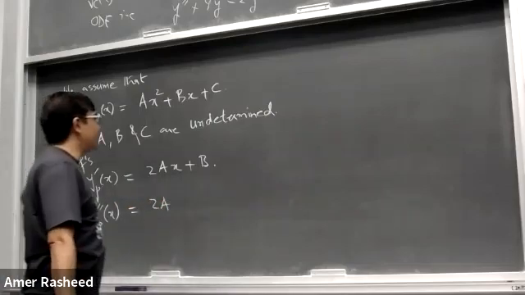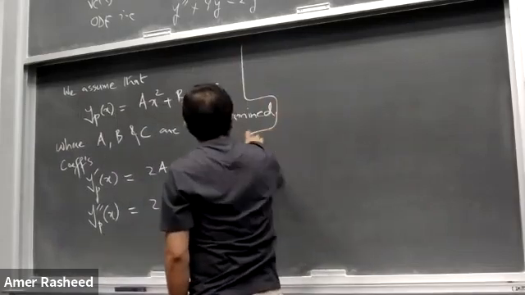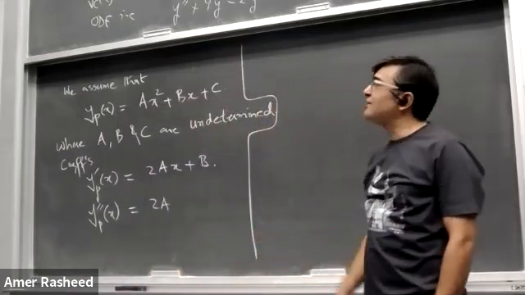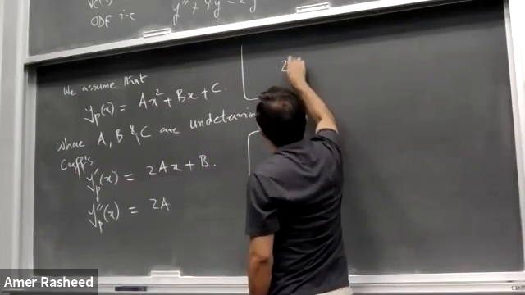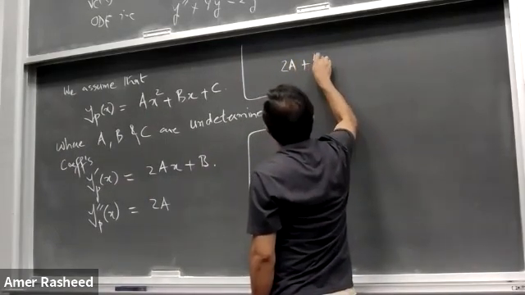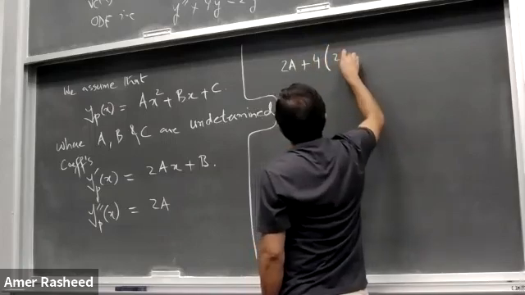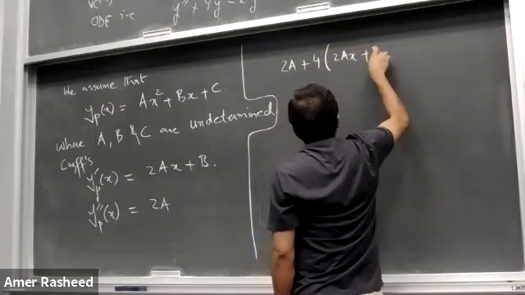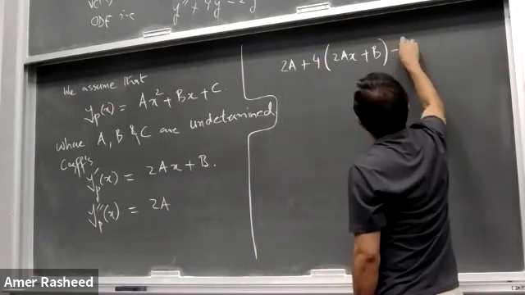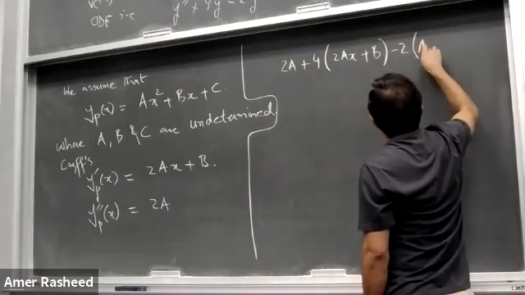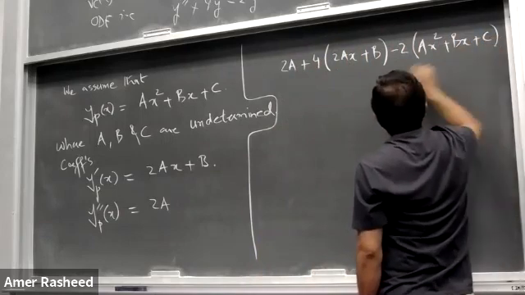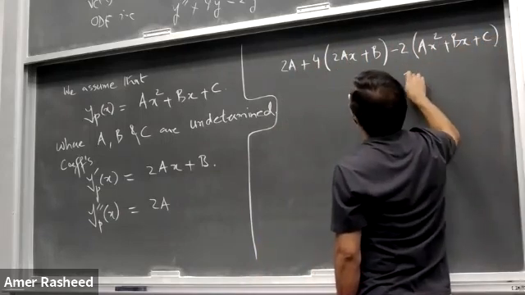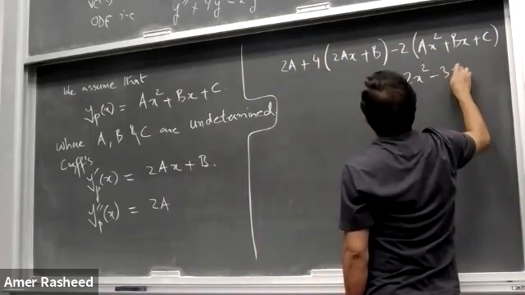Now we insert this into the given differential equation: y double dash means 2a, plus 4y dash, which is 4 times (2ax plus b), minus 2y, which is ax squared plus bx plus c, and this is equal to 2x squared minus 3x plus 6.